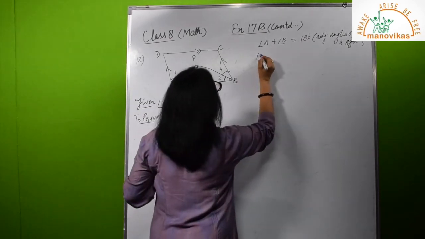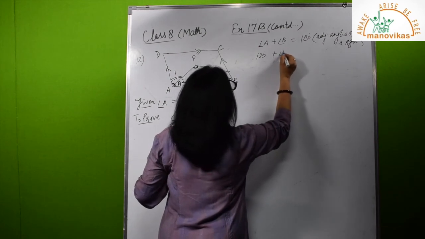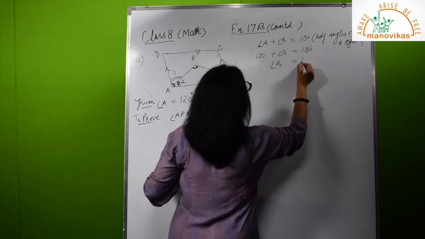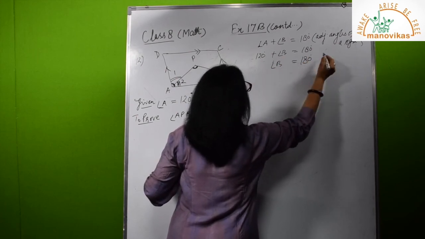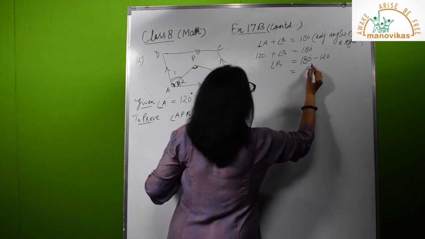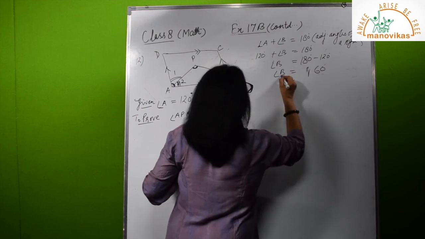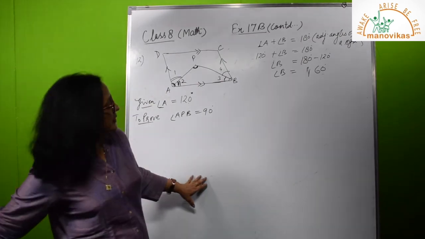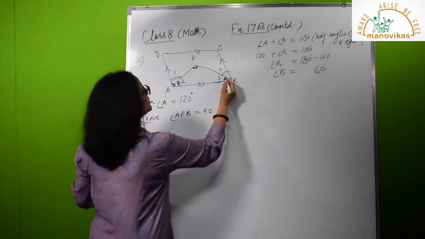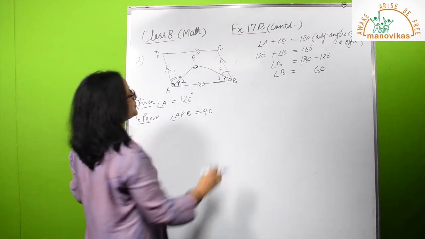Now angle A is given 120 degree. So angle B you can find from here. Transpose 120 degree to the right hand side. We get here, this is 60 degree. Angle B is equal to 60 degree we have found. Now angle B is 60 degree and it is divided into two equal parts, 3 and 4. So what is the measure of each part?